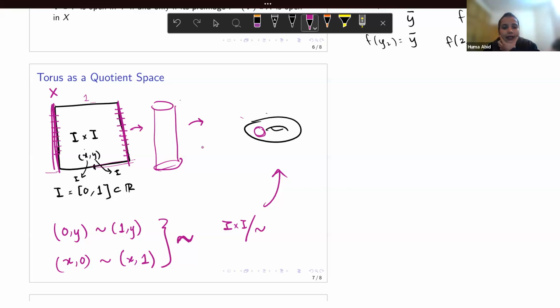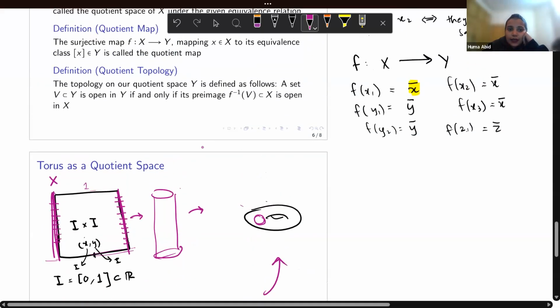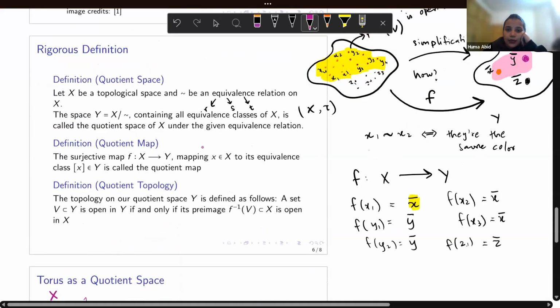As far as countability and other topological properties are concerned, I'm not 100% sure about which properties transfer from the original space to a quotient space, because when we define a quotient map, the only condition on it was that it has to be a surjective map.